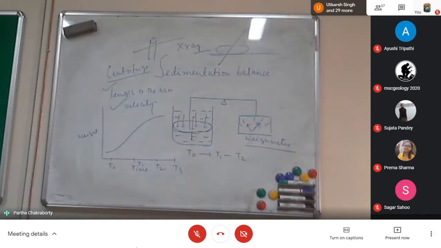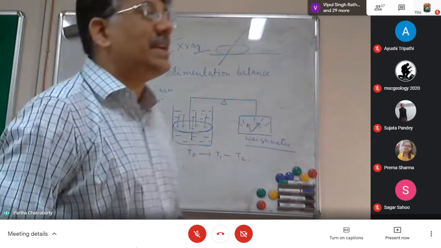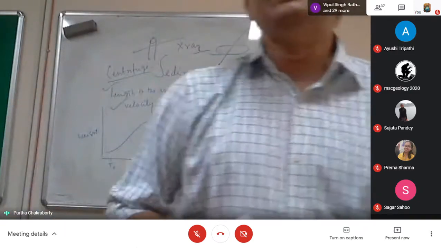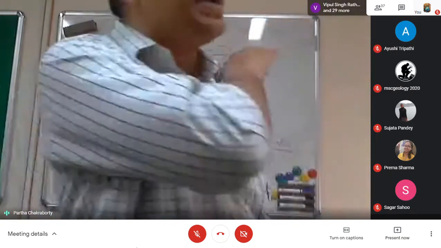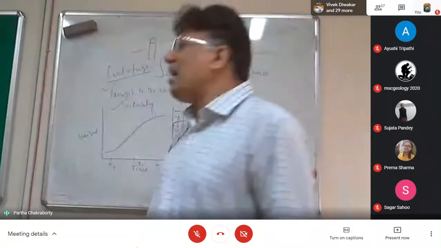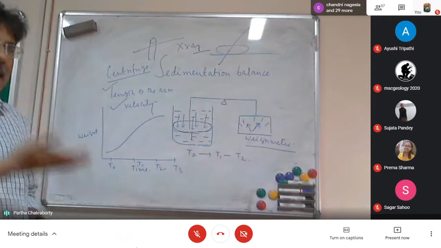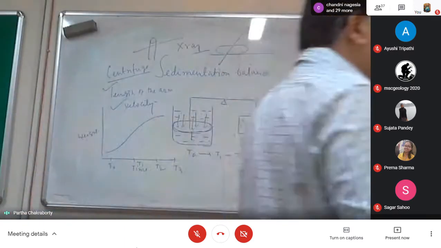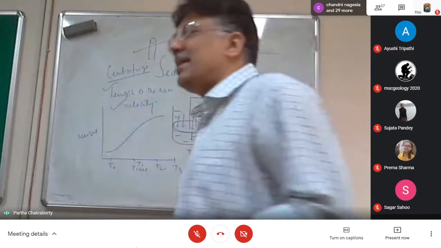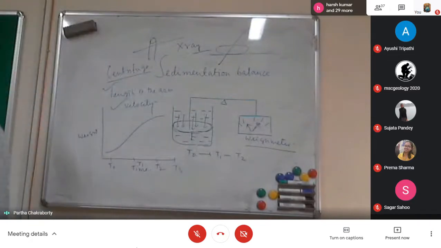So all the grains are not in the similar orientation in a rock. Different grains are in different orientations, but I am taking the thin section on a plate. I am cutting the grain at a different angle. And how can I know the size I am measuring is the correct size of the grain? It is not the correct size of the grain.